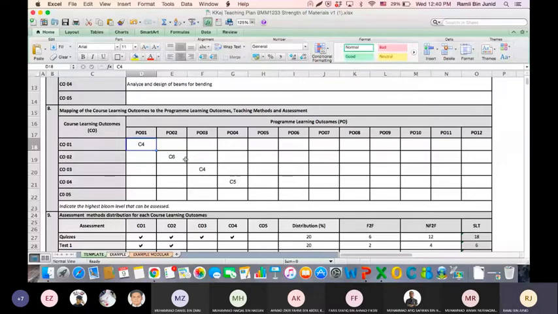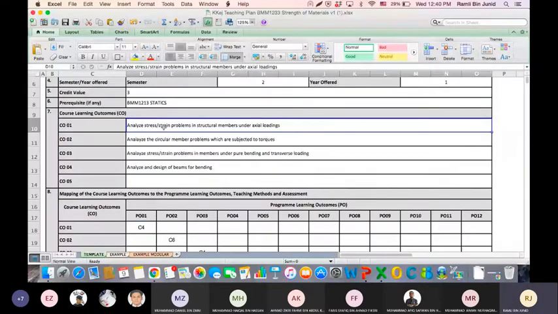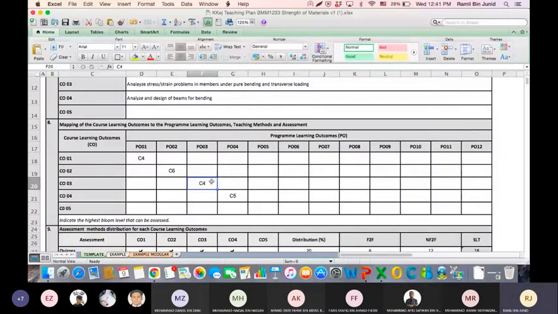We only have the cognitive domain because all the COs will test your fundamentals, your physics, your mathematics, your science, because this subject only tests your science, mathematics and physics background. So we only have the cognitive domain to test you in this subject. So that is why this is C. C means cognitive. Okay?